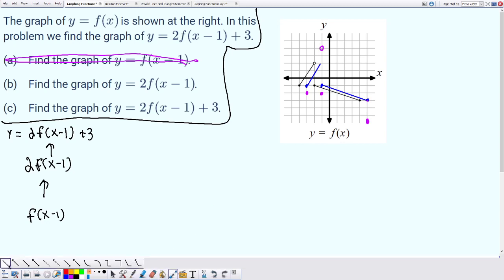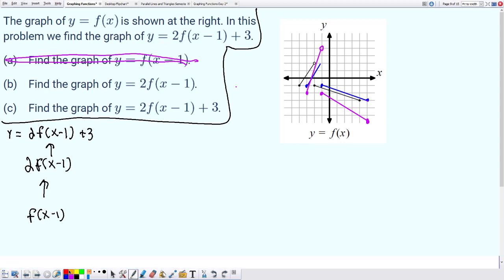So let's connect our lines. Connect that with that, and connect these 2 points. And now our graph is looking a little bit different. It looks twice as big. So we should be on the right track.